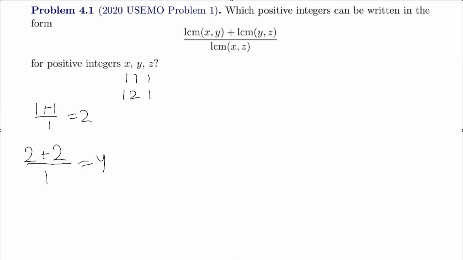And now if we do 1, 1, and 3, we want to keep the denominator equal to 1, then this becomes 3 plus 3 over 1 equals 6. And in general, this makes us conjecture 2, 4, 6. The first thing we think of is all even numbers.